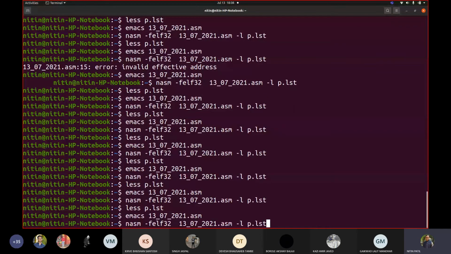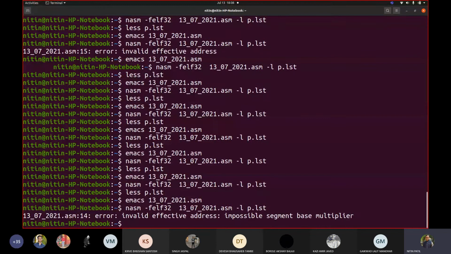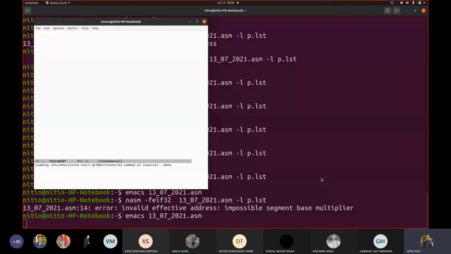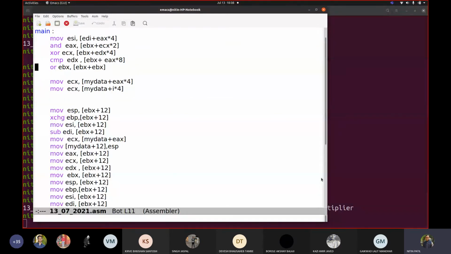Now what is it saying? Impossible segment base multiplier. Why? Because I am trying to make use of base and index. Sorry, base and scale. No, index. It seems to be something different according to my code. So I may not be permitted to use it this way. But if I use, instead of my data, say EAX, then what?